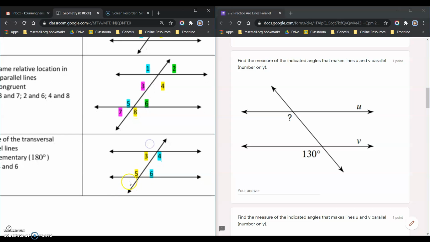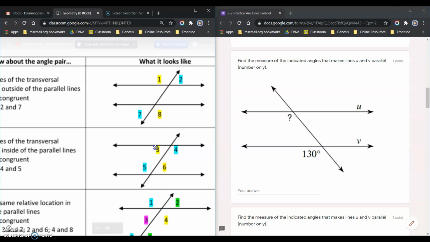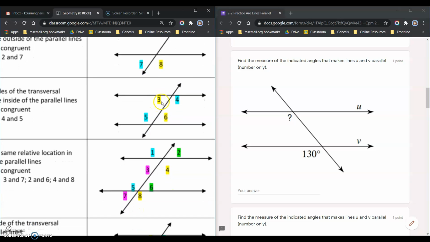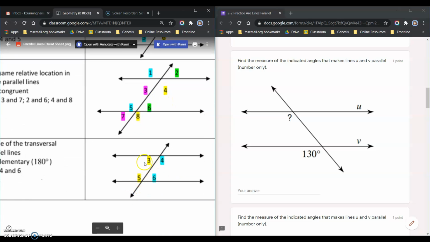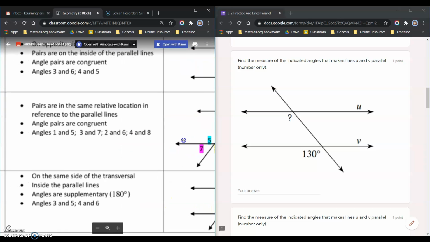If I look at anything else, I don't see any other instance where those two are highlighted. This has the 130 spot highlighted, but not the question mark. This has the question mark spot highlighted, but not the 130. And this one has the question mark highlighted, but not the 130. So we're focusing on this one because both the question mark and the 130 are highlighted.